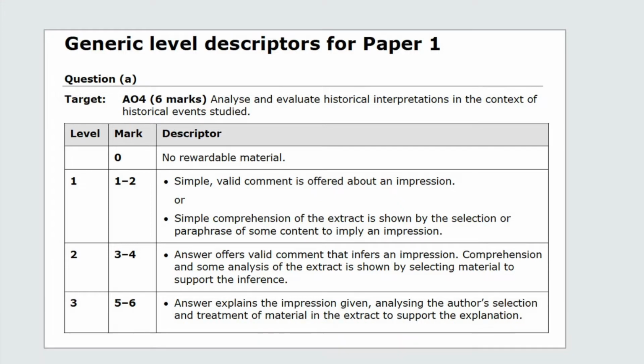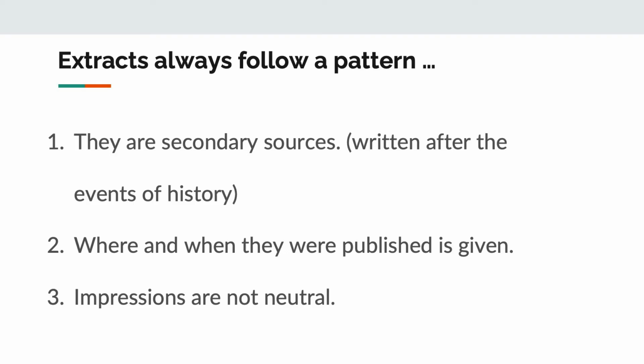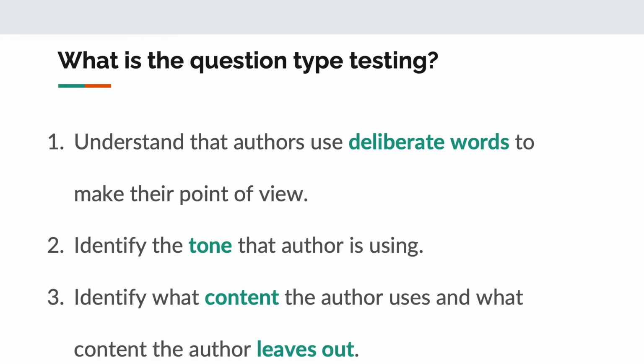So one of the ways to think about this particular question is by understanding that when historians write about a specific event or person, they are not randomly selecting what they are saying. They are using deliberate words. And through those words is their point of view or their impression.